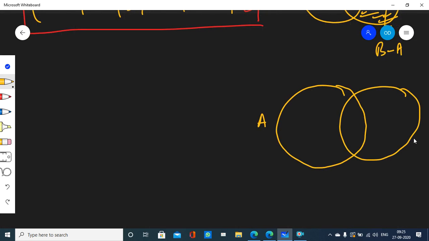Right now we are going to find the general formula for cardinality of A union B. What do I mean by saying general formula? Can anybody tell me what general formula means?